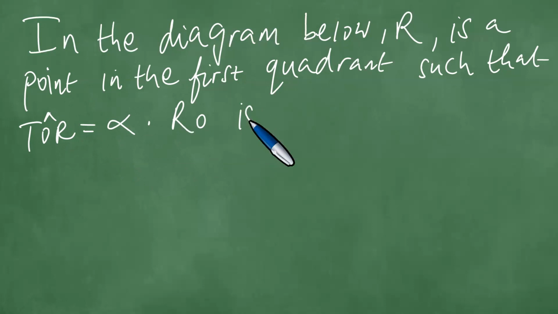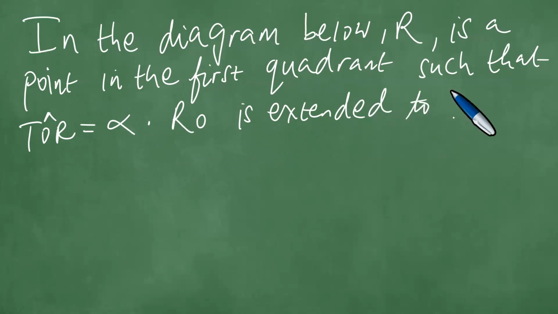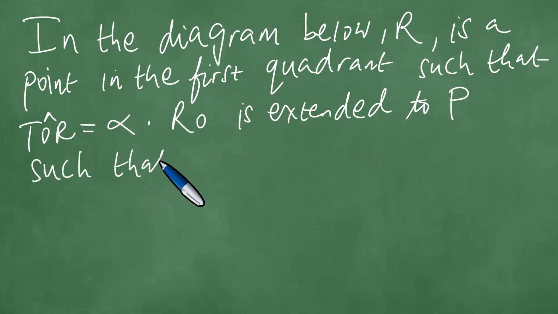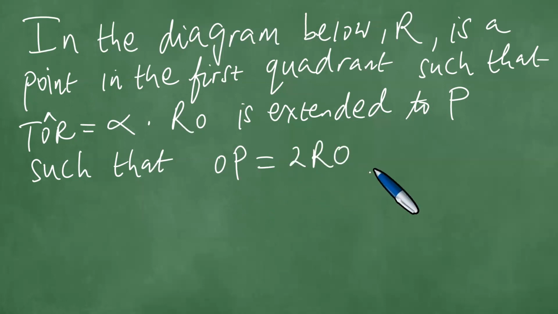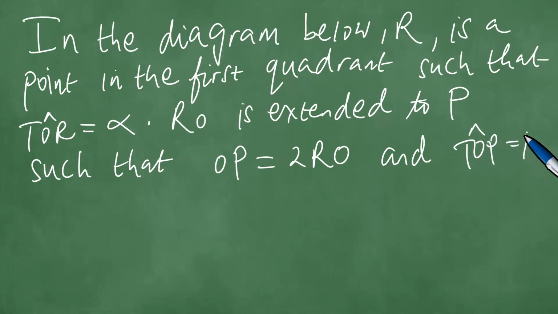RO is extended to P such that OP is equal to double RO and TOP is beta.